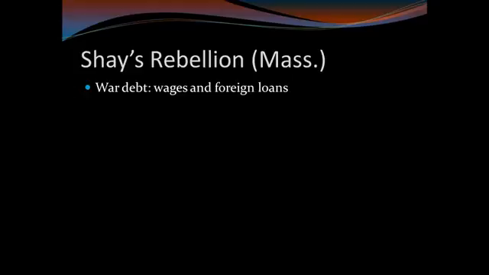All right, so there was war debt for the United States once the war was over, to France, a little bit to Spain as well, and those are their foreign loans, Spain and France, and they owed back wages to these veterans, right? As I said, there was a stagnating economy, and currency was scarce.